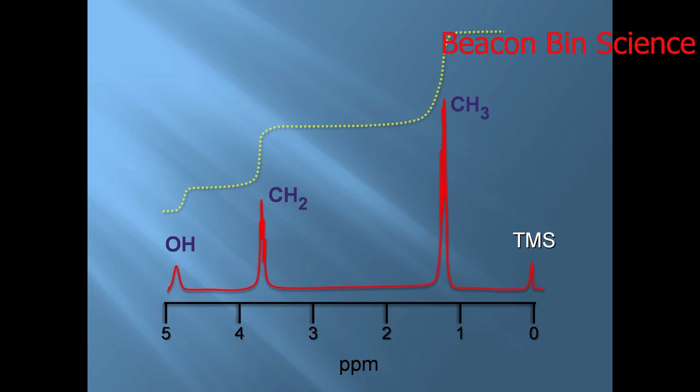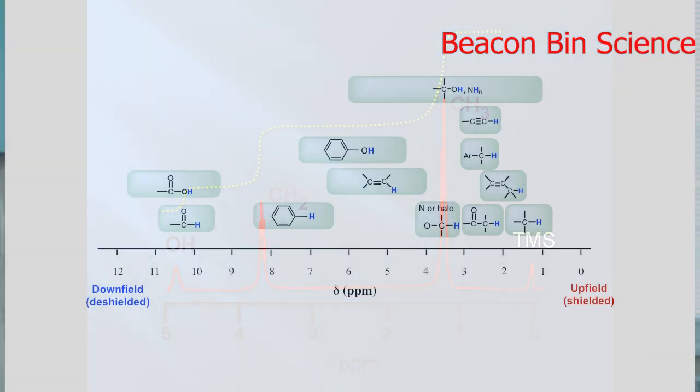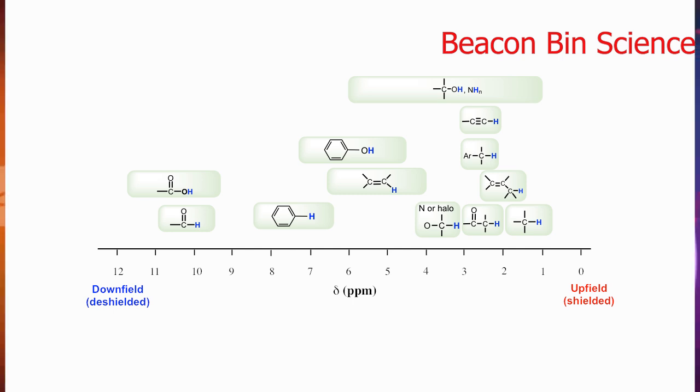That's why you'll see alcohol hydrogens and hydrogens near double bonds at different positions on the chart. By looking at where these signals land, chemists can piece together a map of the molecule, almost like solving a puzzle.